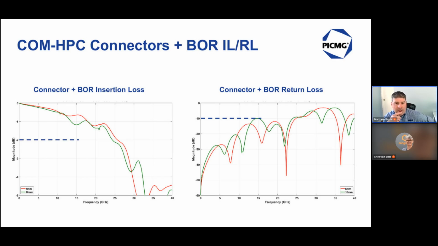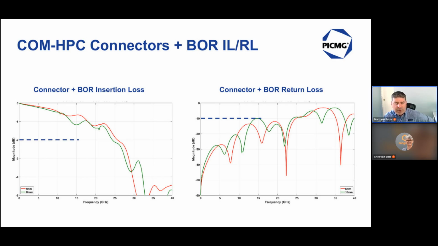So when looking at what we have for COM-HPC at 16 gigahertz, which is the Nyquist frequency for PCI 5 and also for PCI 6 since it uses PAM4, we see an insertion loss for both the 5 millimeter connector and the 10 millimeter connector well below the mask at 2 dB. So that tells us that the COM-HPC connector will work at both PCI 5 data rates and also PCI 6 data rates.